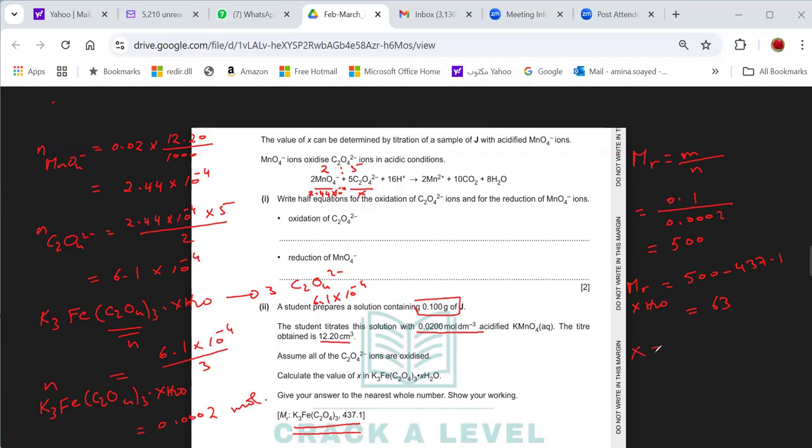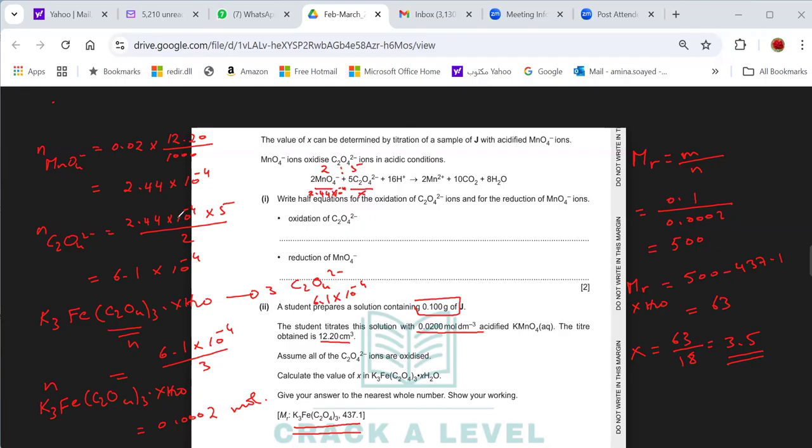So this means that X equals 63 divided by 18, which is the molecular mass of water. I got 3.5 moles. So we have 3.5, or else, maybe, let me check the calculations once more.